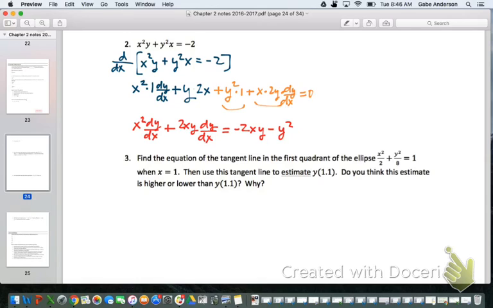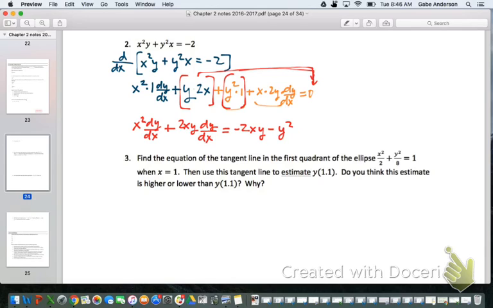Just a little bit of algebra. Does that make sense? I left all the dy/dx terms on one side, took the non-dy/dx terms the other. So here are the non-dy/dx terms, right here and right here. And then the other two terms actually have a dy/dx, so I left those. So these went, and the other ones stayed.